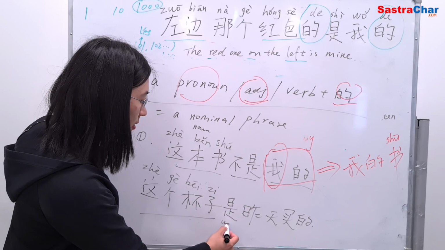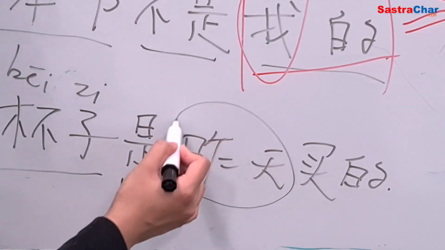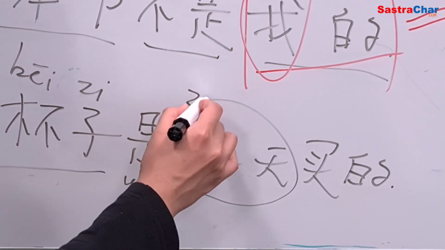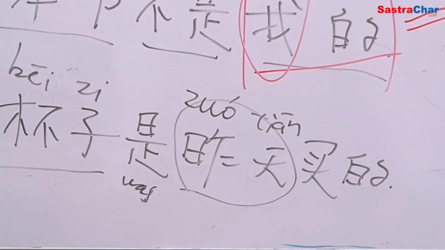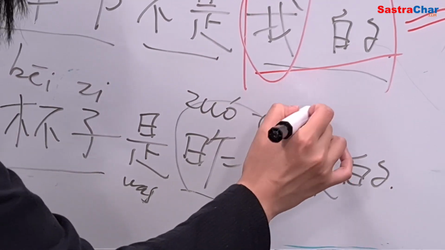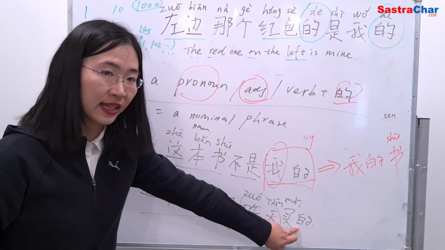So this is was. And 昨天, which day is it? It's yesterday. 昨 is yesterday. 昨天. And 买 means buy.